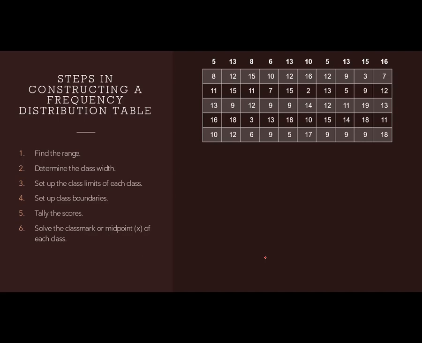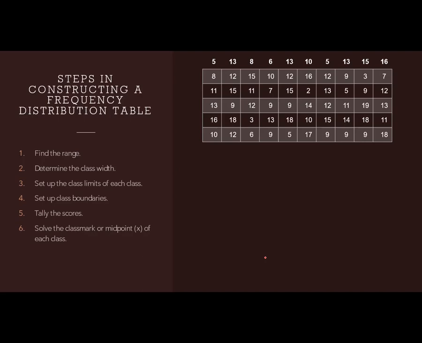Our steps here: first, we are going to find the range, determine the class width, set up the class limits of each class, set up class boundaries, tally the scores, and solve the class mark or midpoint of each class.